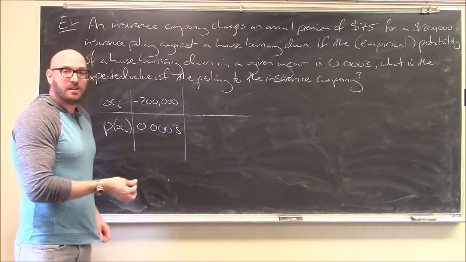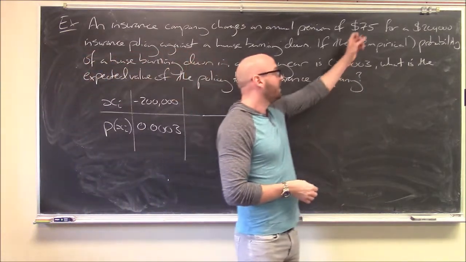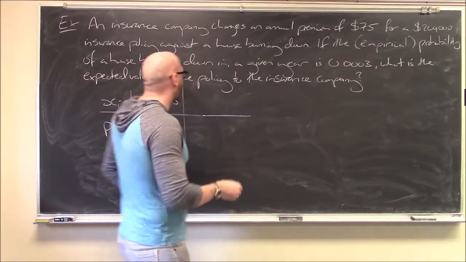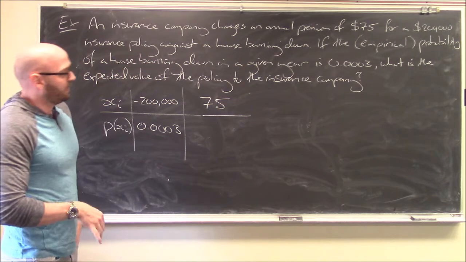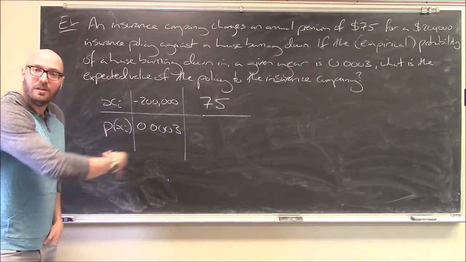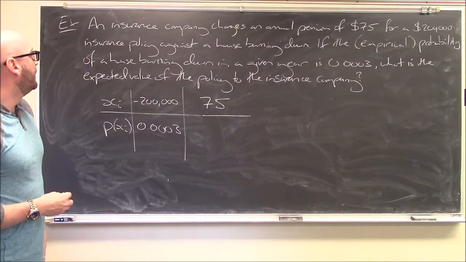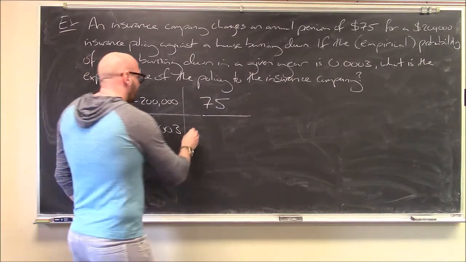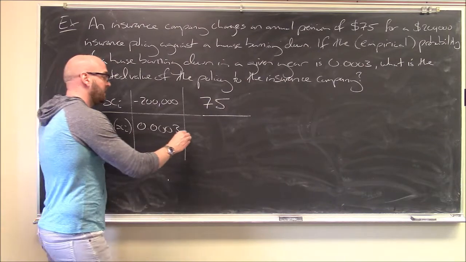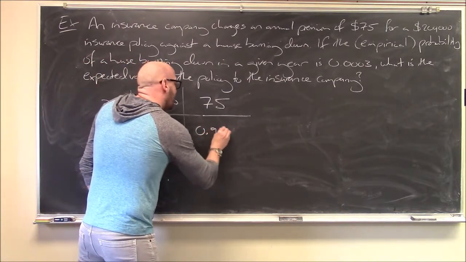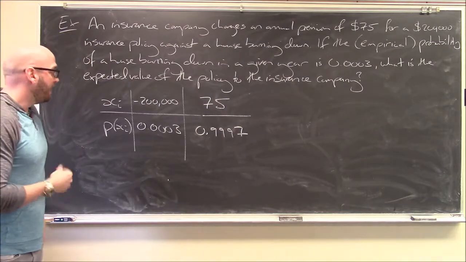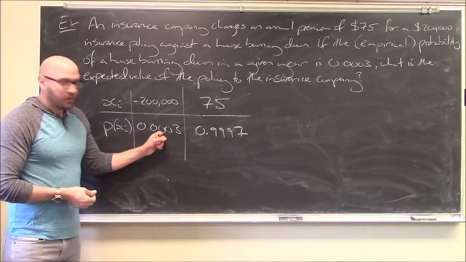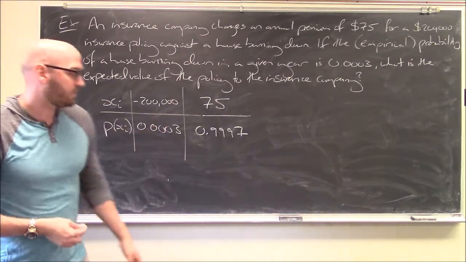The other possible outcome is the house doesn't burn down. What value should we assign to that? Well, in that case, the insurance company makes $75. So in the event it doesn't burn down, our random variable assigns the value $75. And when would this happen? This would happen all the rest of the time, so this would be 0.9997, our probability of not burning down. It's just 1 minus 0.0003.